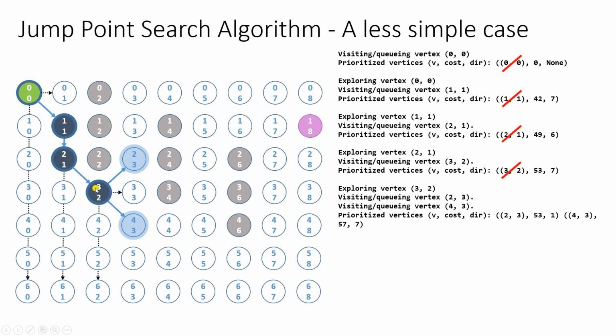Okay, so we made a movement from 3, 2 to 4, 3, and before we continue in our thoughts going diagonally to 5, 4 to 6, 5, we first have to check horizontally and vertically what's going on. You can always think of this diagonal movement as breaking into two parts.